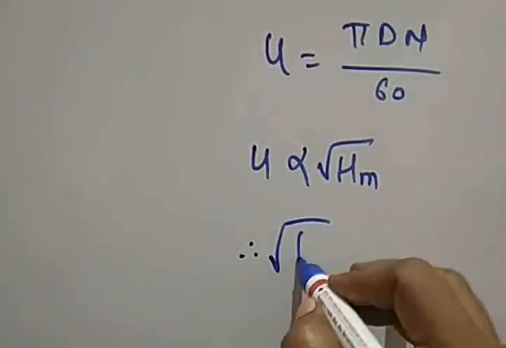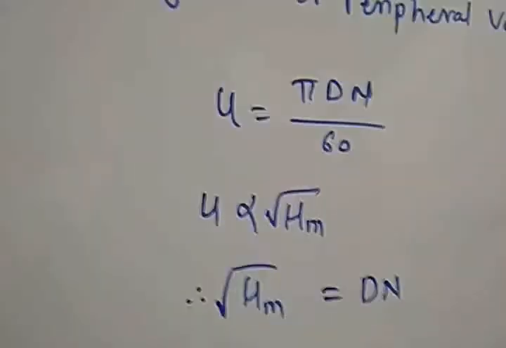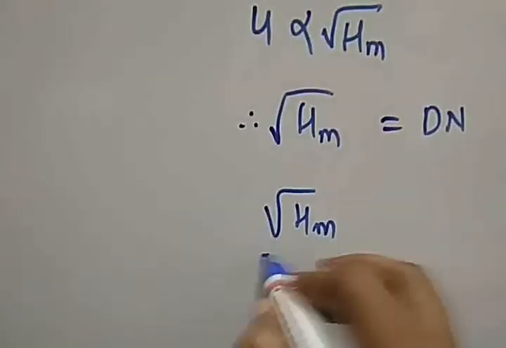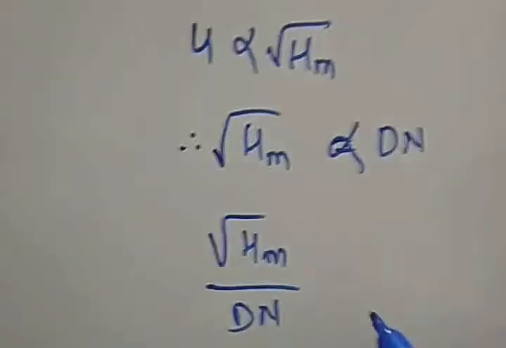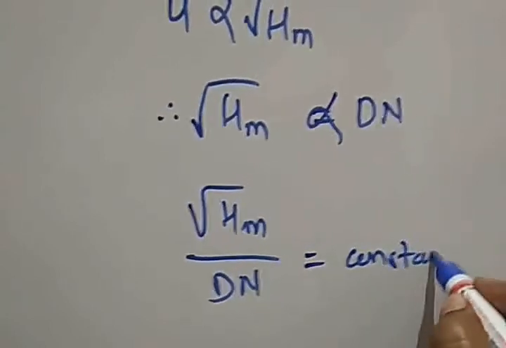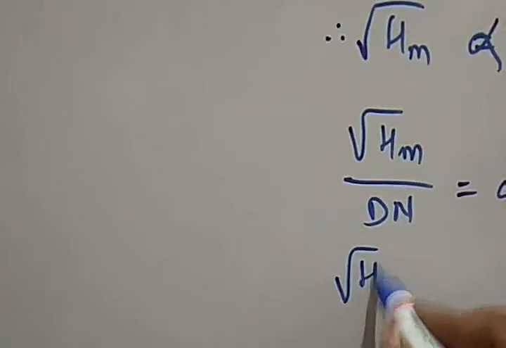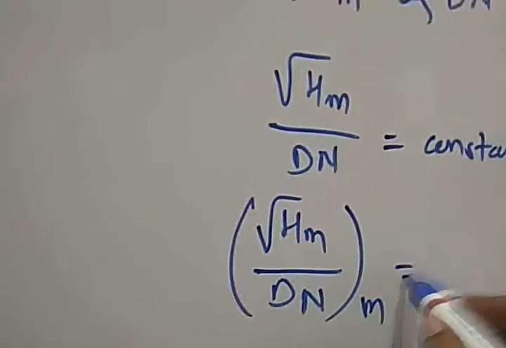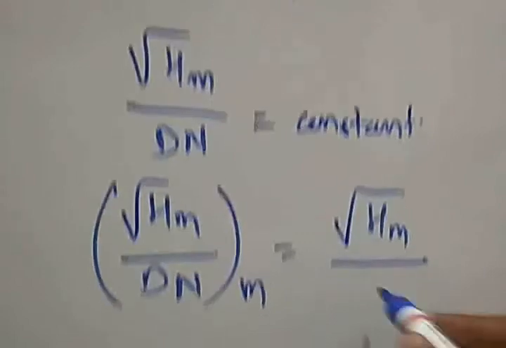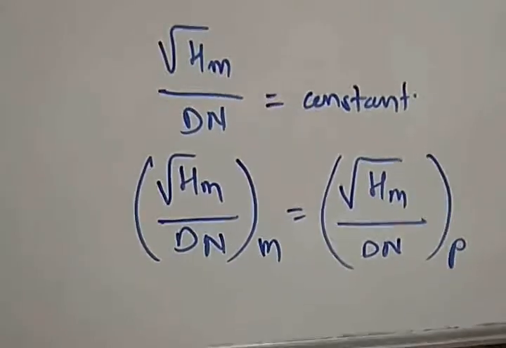Hence I can write root hm is proportional to dn, because pi and 60 are constants. Hence root hm divided by dn is nothing but a constant. Hence I can write root hm divided by dn for model should be equal to root hm divided by dn for prototype. So this is the next condition.